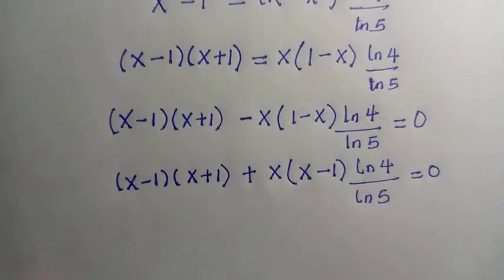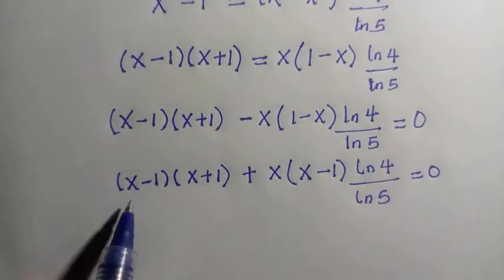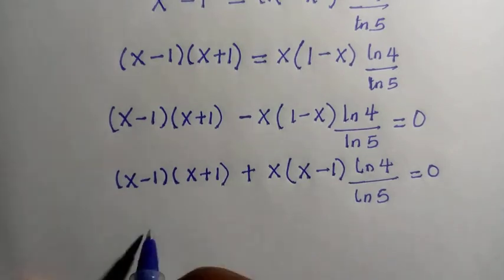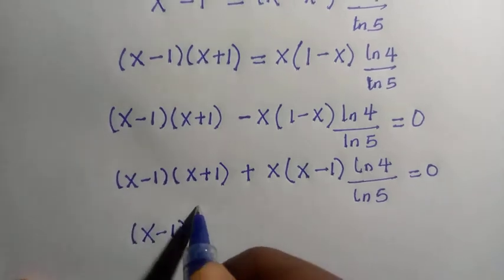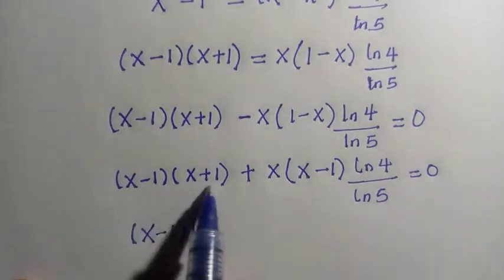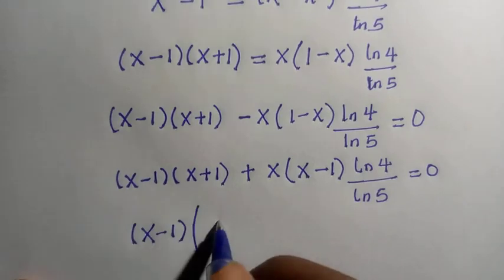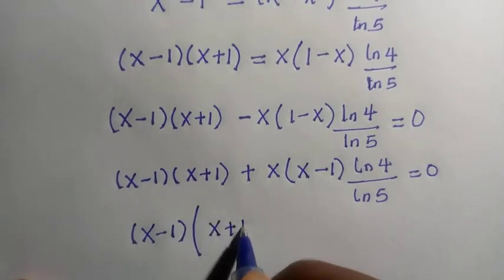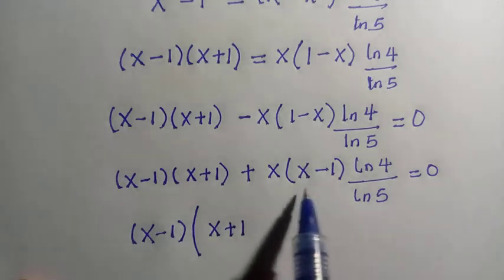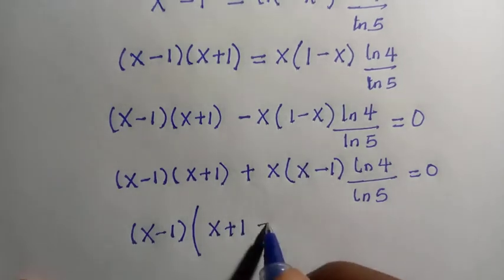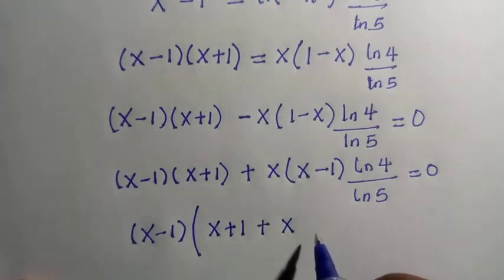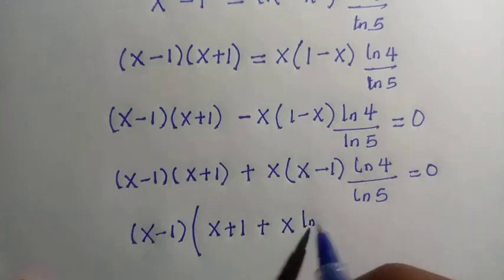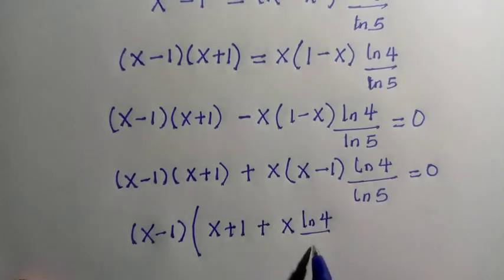So having this, here is x minus 1 and here is x minus 1. So we try to factor it out, then we create a bracket. When we divide this one by x minus 1, we are left with x plus 1. And also when we divide this one by x minus 1, we are left with x, ln 4 divided by ln 5.